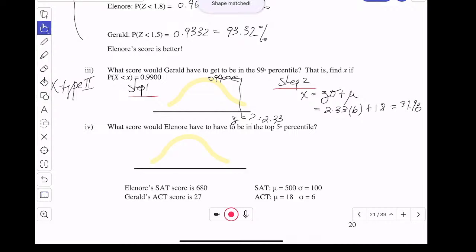So to be in the top 5%, she's over here, right? She's up on top of everyone below her. Like here, Gerald, the way they asked the question, is in the top 1%, right? 99% below him. But I want to be in the top 5%, so where would that be?